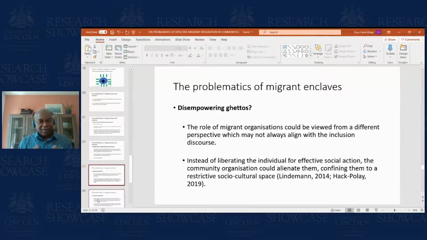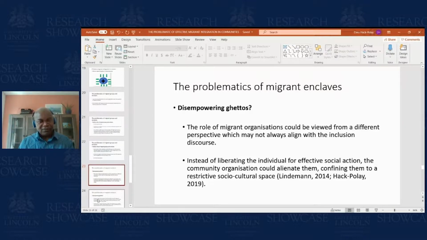But our evidence also found that there could be some issues within the migrant enclaves. So when migrants tend to cluster themselves in particular parts of our society, not because they have chosen it, but because our social system excludes them through discrimination, through the lack of jobs, and these sort of things, the migrants then cluster themselves and they become what we have called here ghettos.